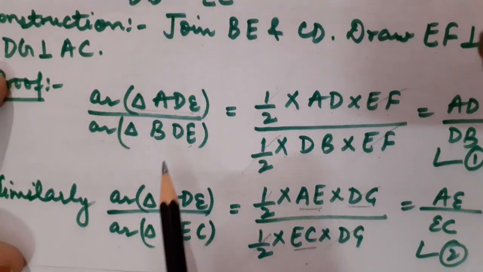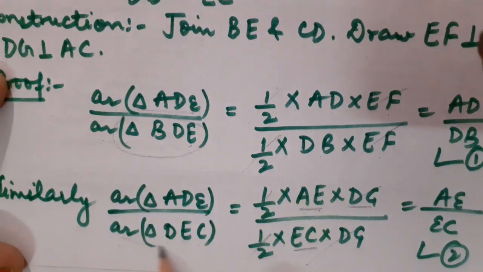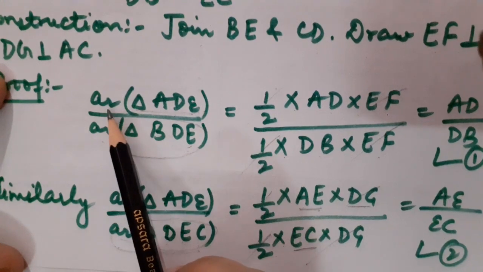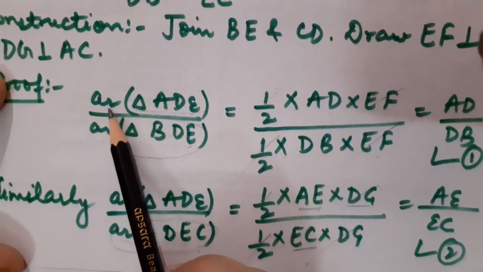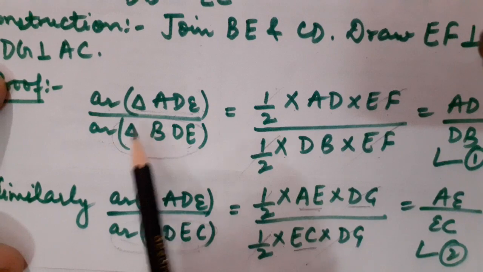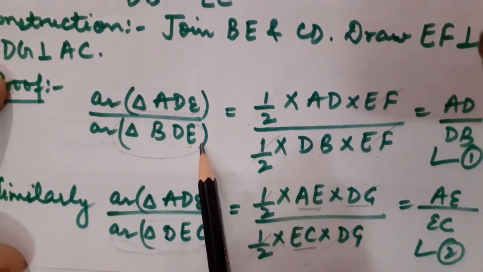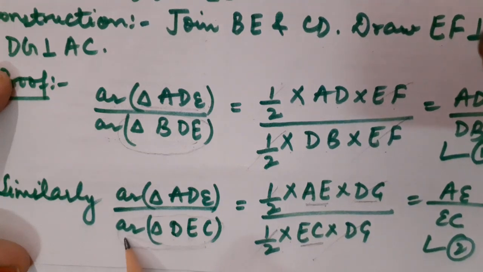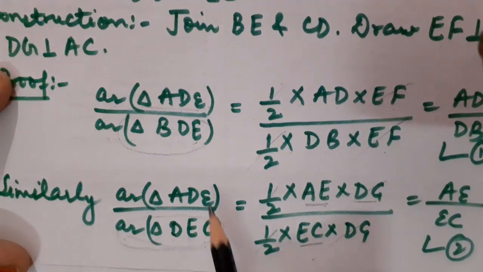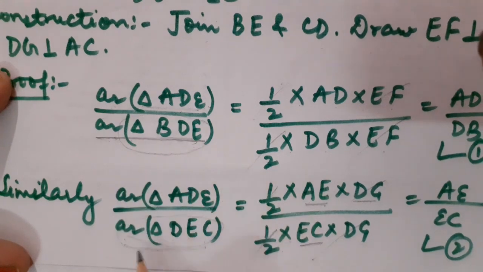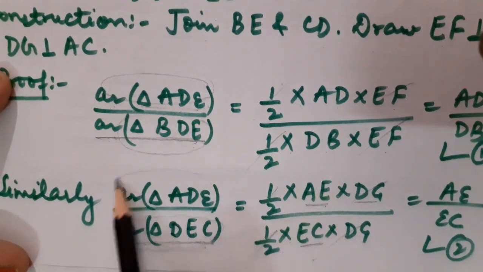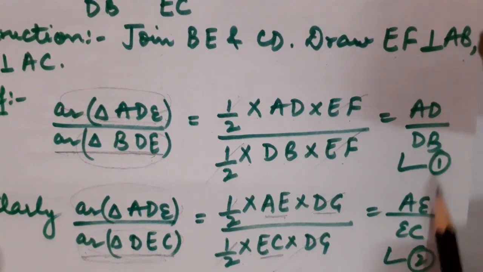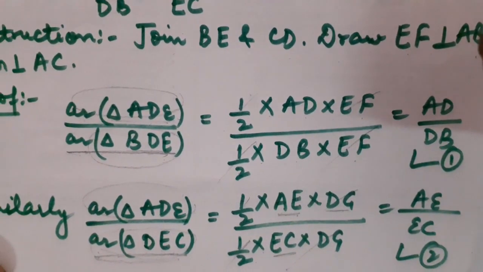So children, if the areas of triangle BDE and triangle DEC are equal, then the ratio of the area of triangle ADE upon area of triangle BDE and the ratio of area of triangle ADE to area of triangle DEC must be equal, because they both are equal. And ADE, they were earlier equal. Okay. So what can we say? That AD upon DB must be equal to AE upon EC.